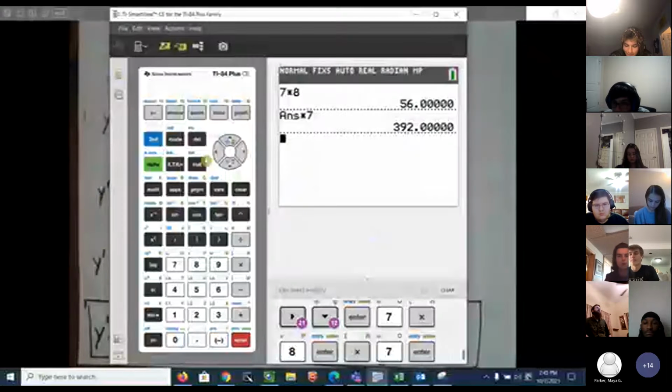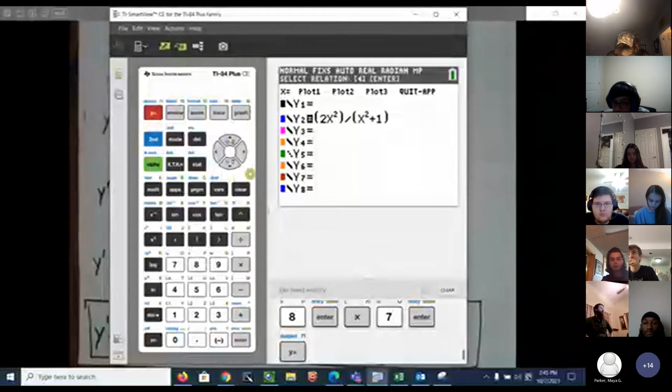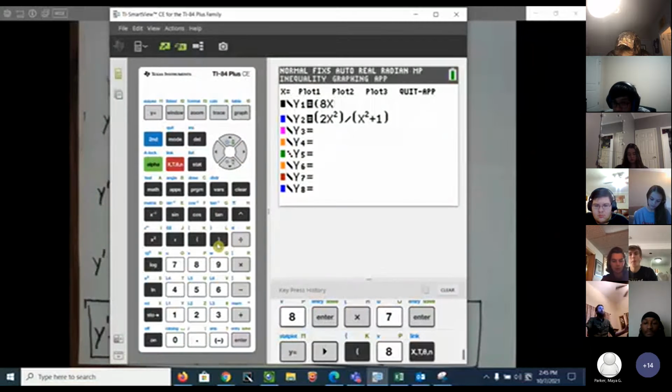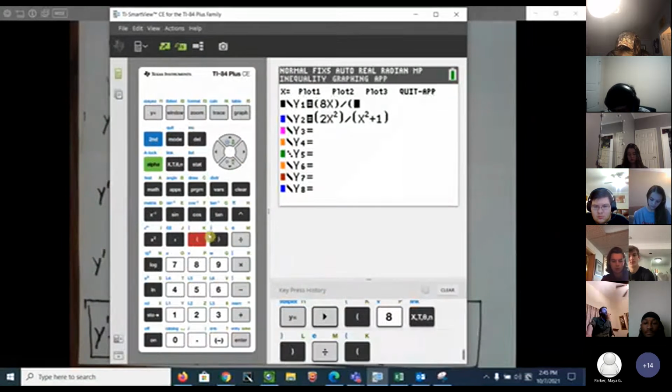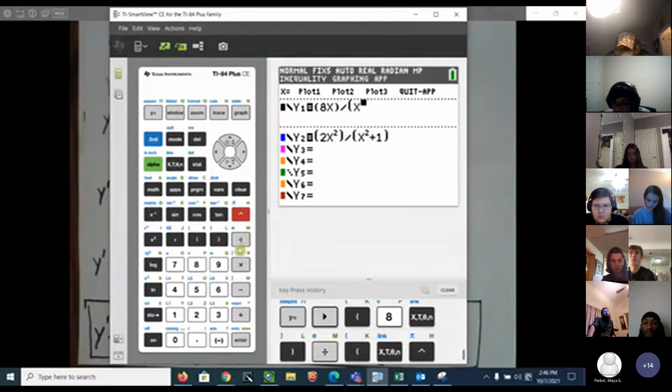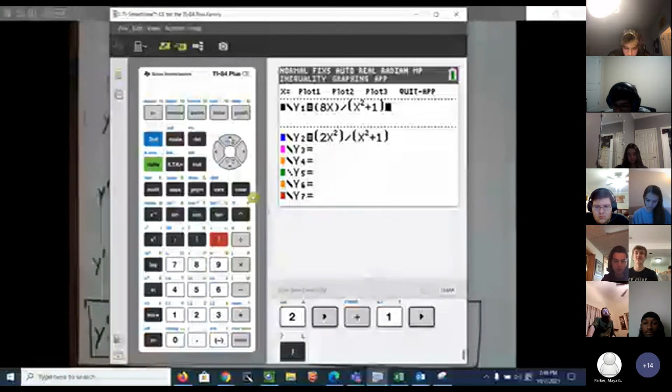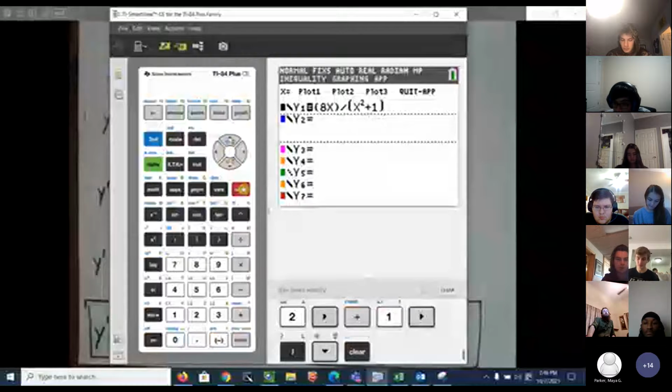So y is equal to (8x) divided by (x squared plus 1). And clear this and graph.